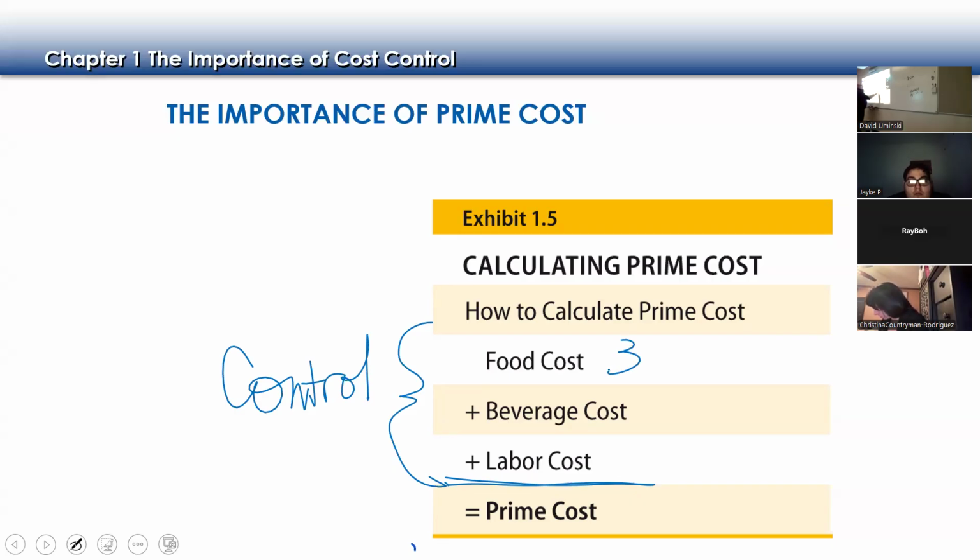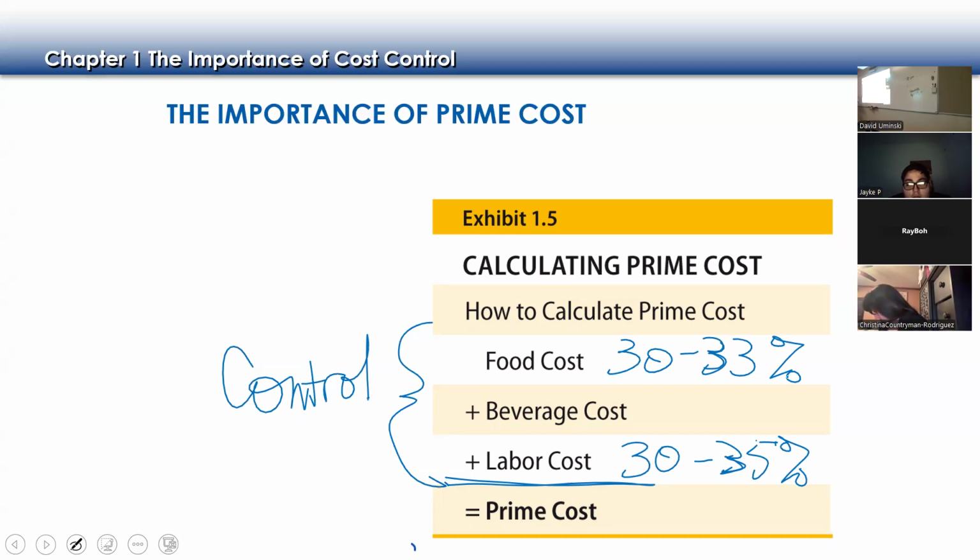So, food cost in the industry, on average, depending on what kind of restaurant you operate, you're looking at a 30 to 33% food cost. Labor is anywhere from 30 to 35%. Okay.